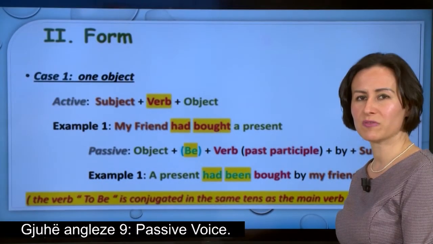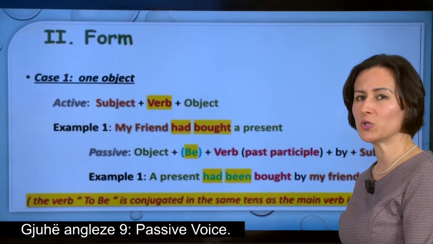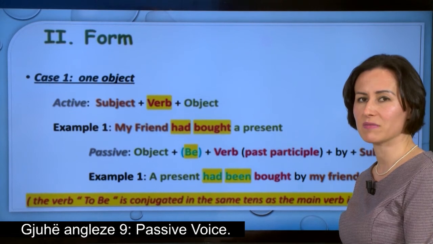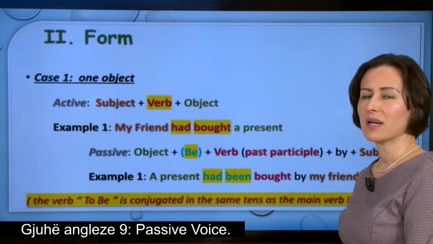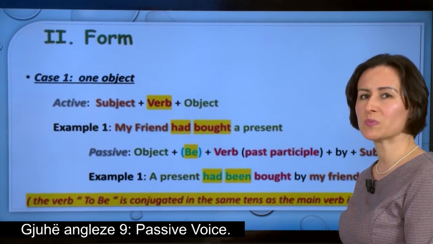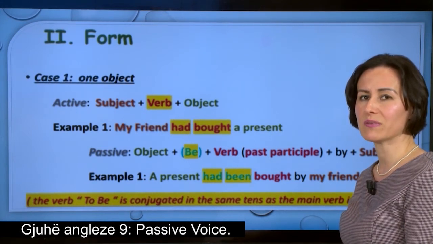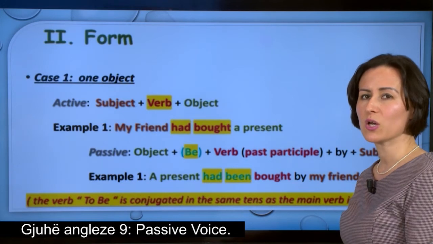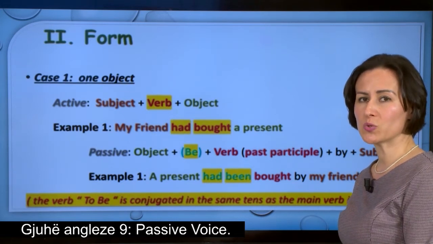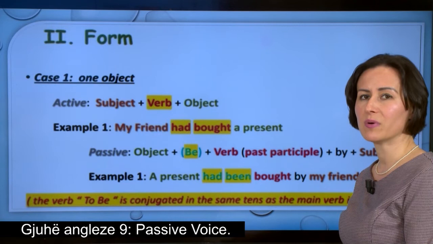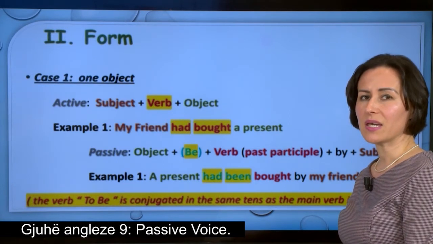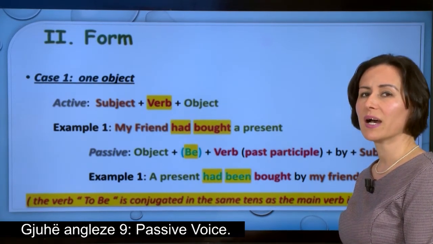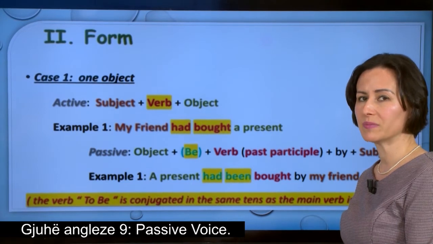And what about verb buy? How should we make use of it in the passive voice sentence? After the verb be, which is put in the right tense of the main verb in the active voice sentence, we use the main verb buy in the past participle after the verb to be.